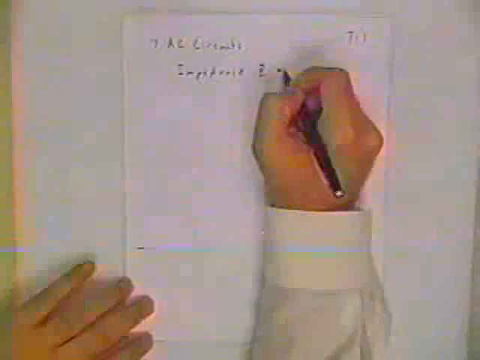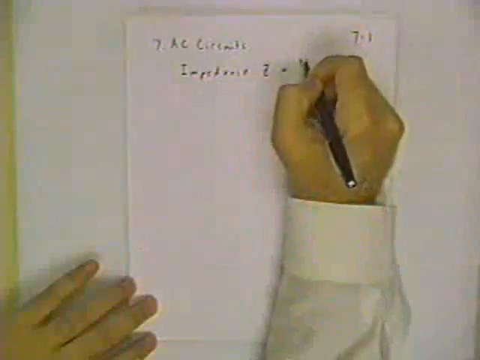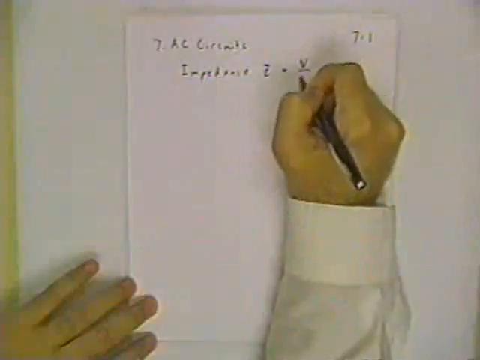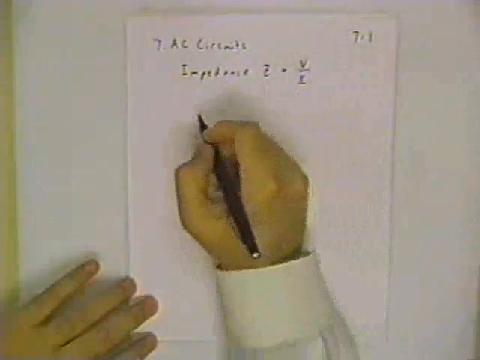The concept of impedance is very similar to resistance. In a DC circuit, you have a resistor that has an Ohm's law that says V is equal to R times I. For an AC circuit, the equivalent concept to resistance is impedance. And so what we want to do is set up a ratio of voltage phasor to current phasor.